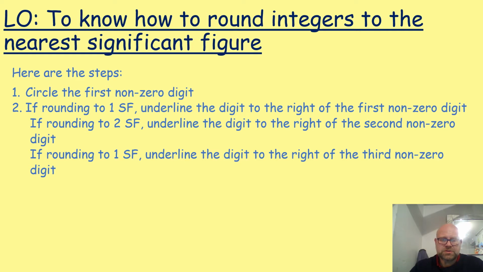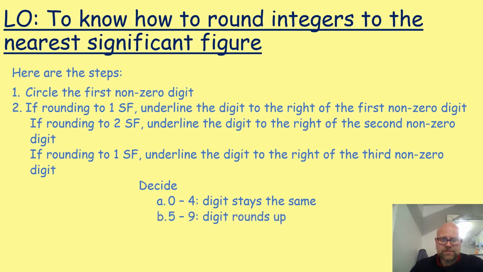So that statement should say 3, not 1. Then we would decide, remember, if you're rounding, if the number after your cut-off point is less than 5, it sticks, and if it's 5 or more, it goes up. The rest of the digits, because we're rounding to significant figures, will go to 0.